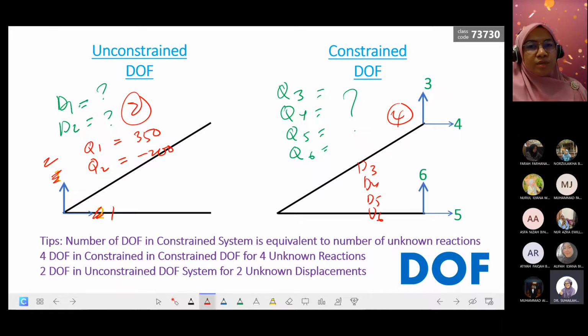This is important that you need to understand. You have to be able to read the values of displacements and forces from the diagram, based on the degrees of freedom.